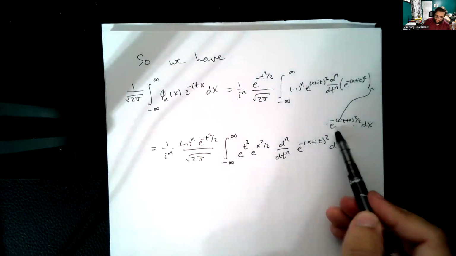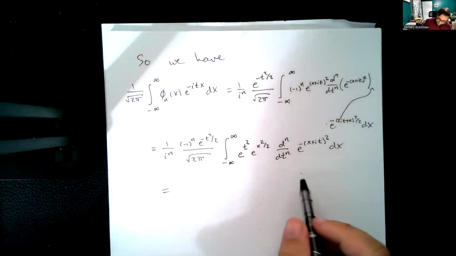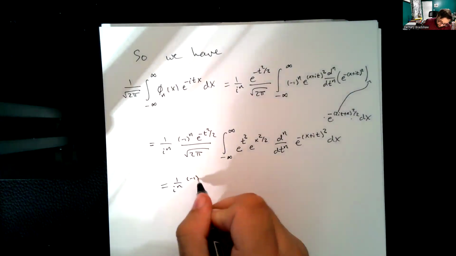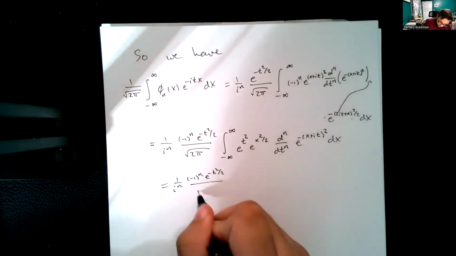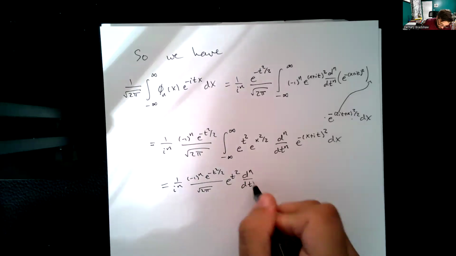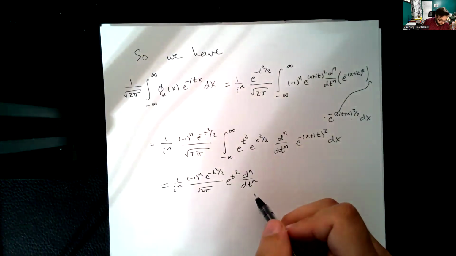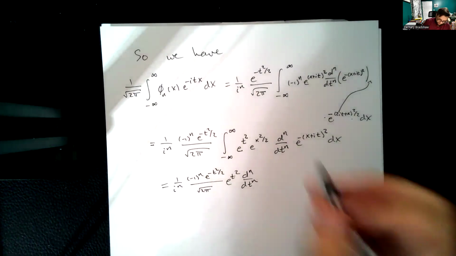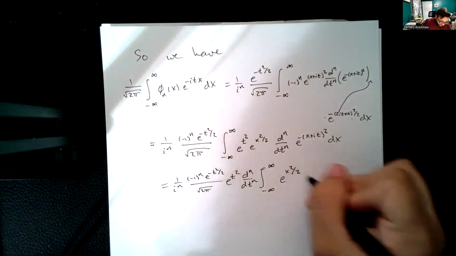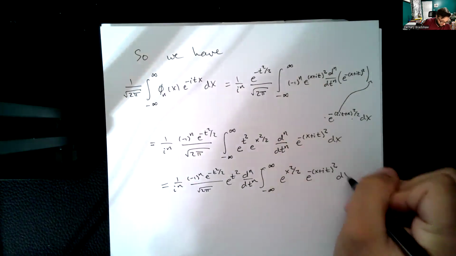So again, that's combining this guy with that guy. And I can pull this guy out, it doesn't depend on x, and I can also pull these derivatives out. And that'll be the integral from minus infinity to infinity of this e to the x squared over 2, e to the minus (x plus it) squared dx.